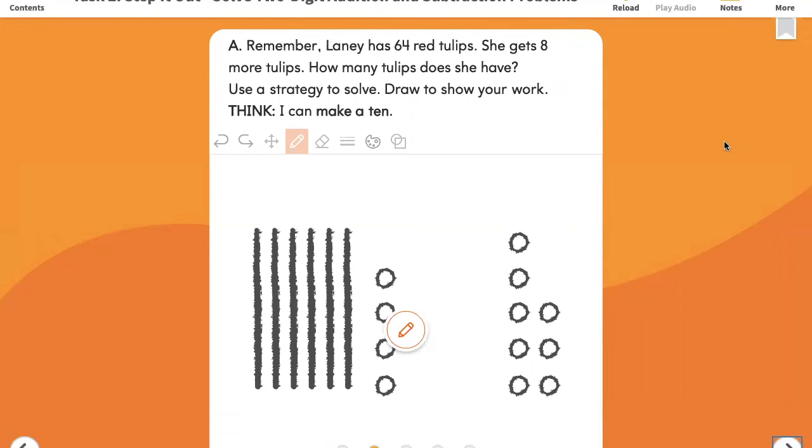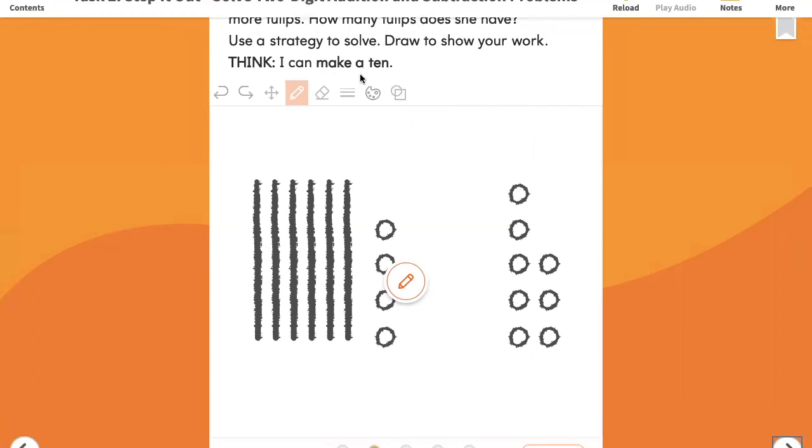Letter A says, use a strategy to solve. Draw to show your work. Think, I can make a 10. So for number 2, they'd like for you to make a 10 to solve the problem. We know that Lainey has 64 tulips. Then she gets 8 more.